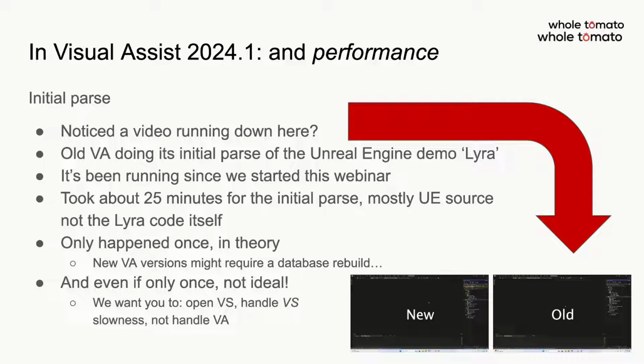It's been running roughly since we started the webinar and was recorded by one of our PMs who's with us right now, Nunu. It took him 25 minutes for the initial pass, so we've sped up the video slightly. You can see the point, it was quite a long time. Now this only happens once in theory, but sometimes you need to rebuild, and no matter how fast Visual Assist is once you've built this database, waiting even once this long was not a good thing.